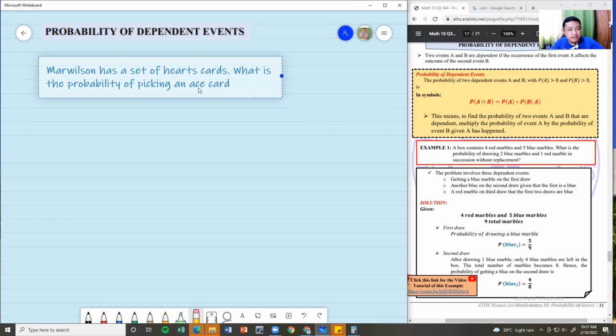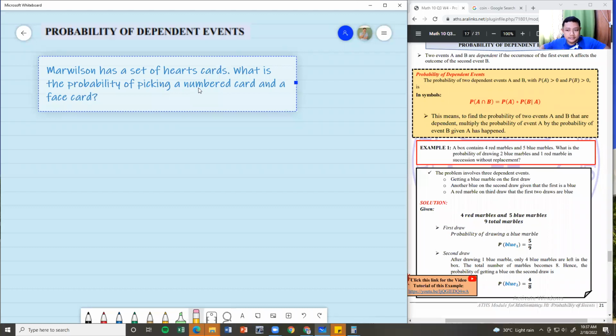What's the probability of picking a numbered card and a face card? Mar Wilson has a set of hearts cards.